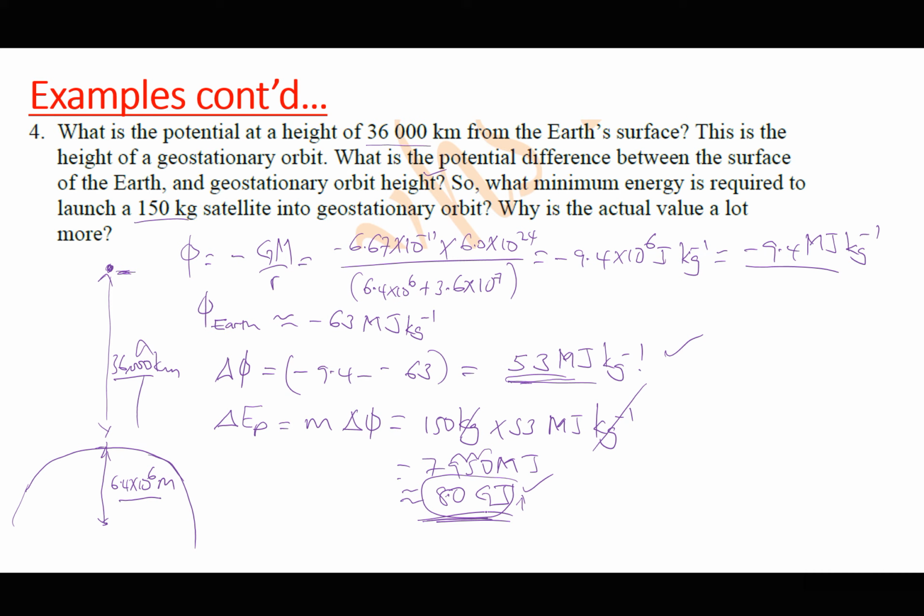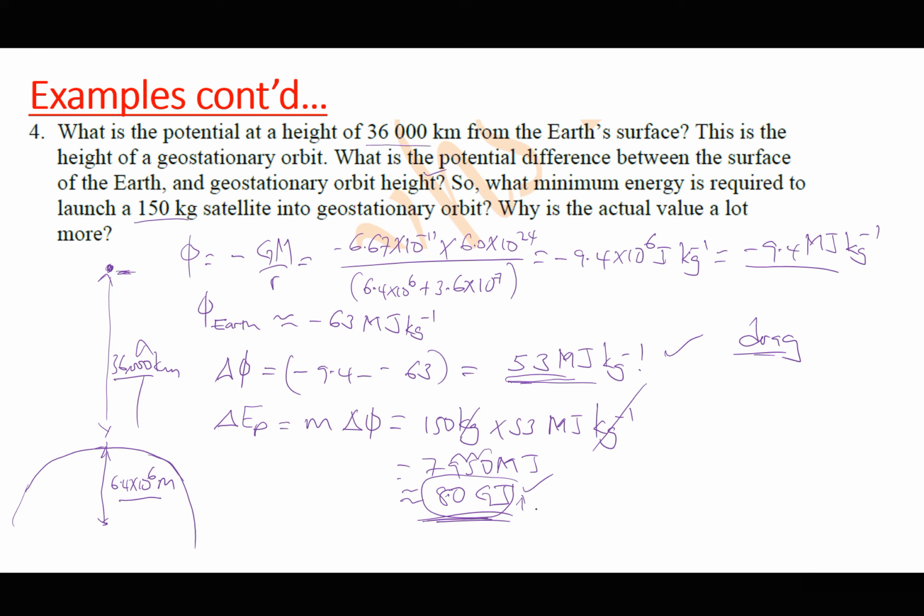We are considering this if and only if all other factors do not affect the motion of the satellite. So actually, much more energy is required because there is drag, a friction or viscous drag with the Earth's atmosphere to be overcome on the way up.